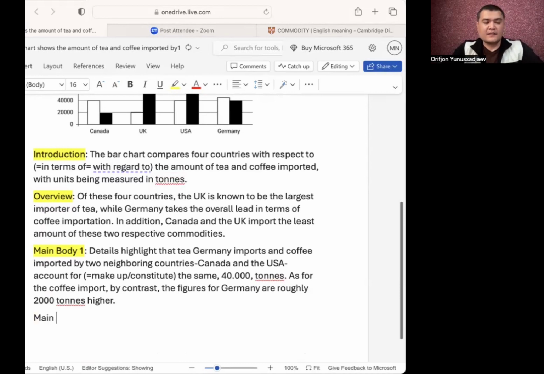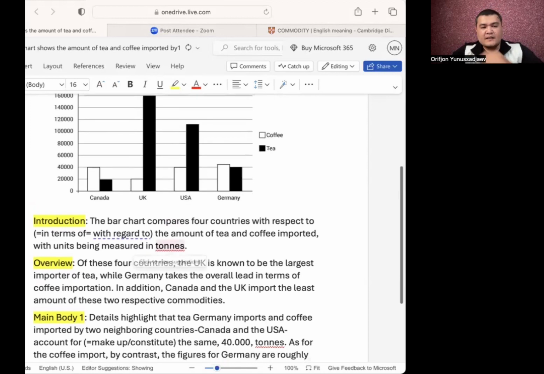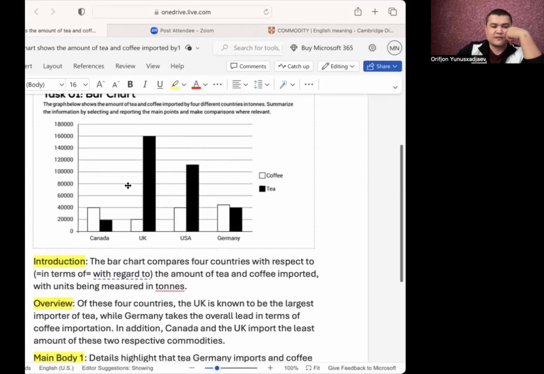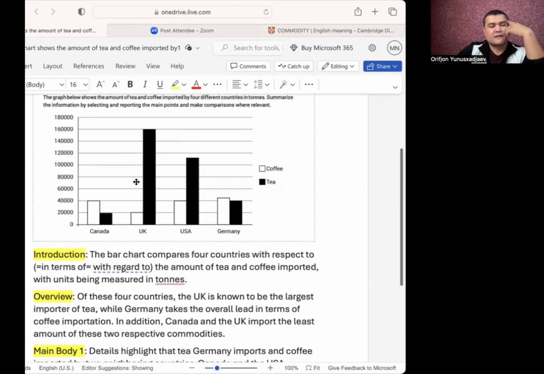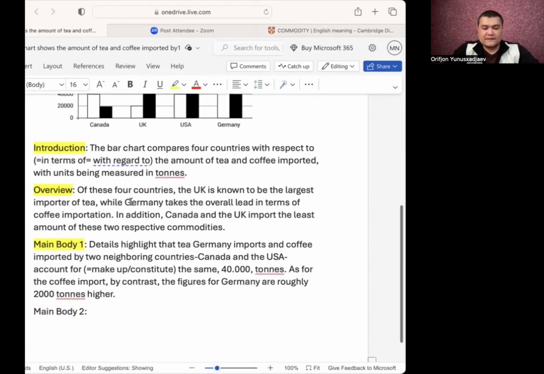The second main body: I'd like to show how huge the difference here is. This one is 20,000 and here it's 160,000. Mathematically, it's 8 times higher. So I will show that difference right now.